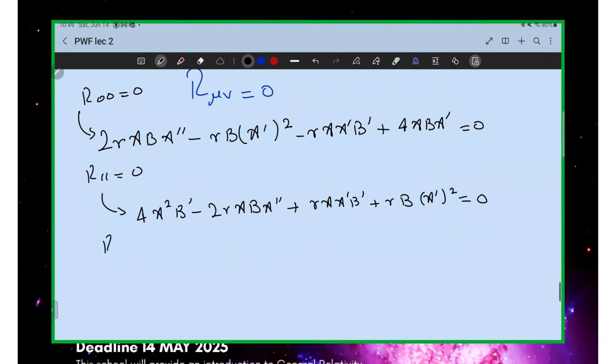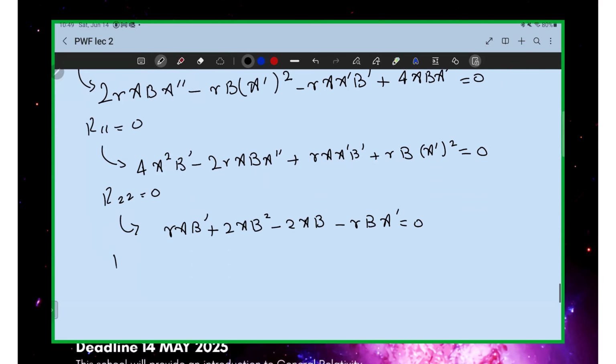And R22 being equal to 0 gives you rab prime plus 2ab squared minus 2ab minus rbA prime equal to 0. And I told you earlier that R33 is just sine squared theta times R22.